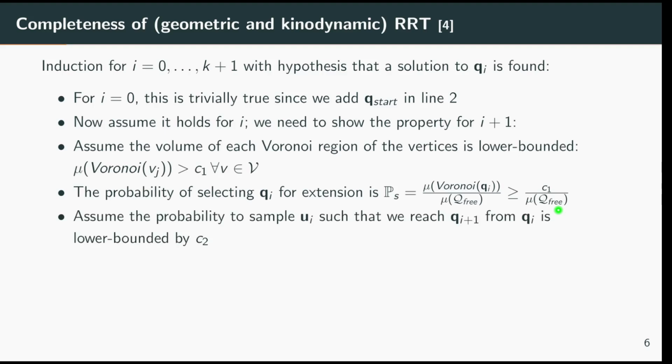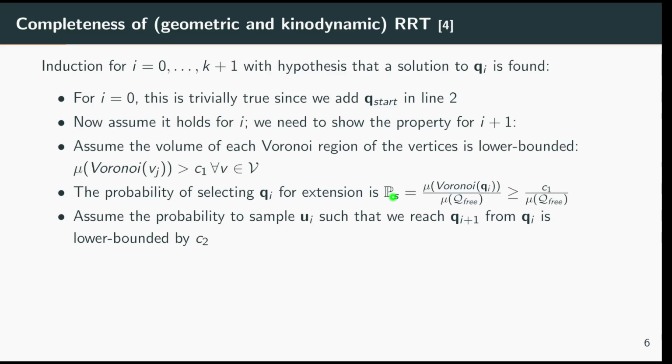Then this assumption is a little bit stronger. We now assume that the probability of finding some sort of action or action sequence for going from this I point to the next point is also non-zero. And in the geometric case, I think it's maybe intuitive that that is possible.